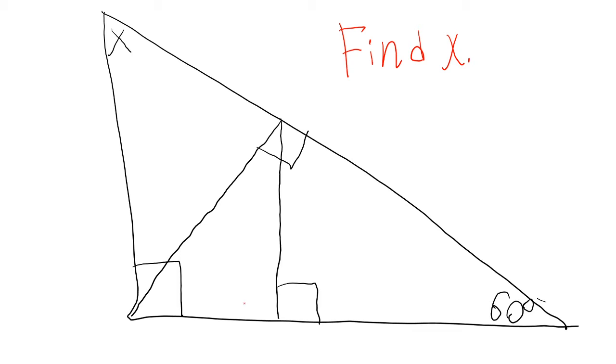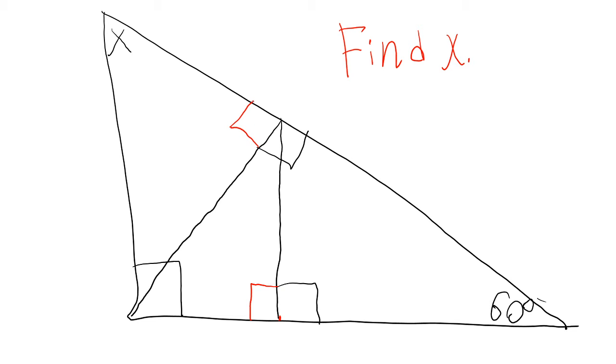So I see I have a 90 degree angle right here, a right angle over here. This makes a straight line, so this has to be a right angle as well. This is confirmed. And over here we have a straight line, so this has to be a right angle as well.